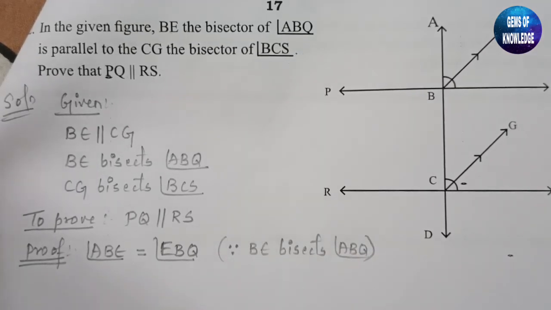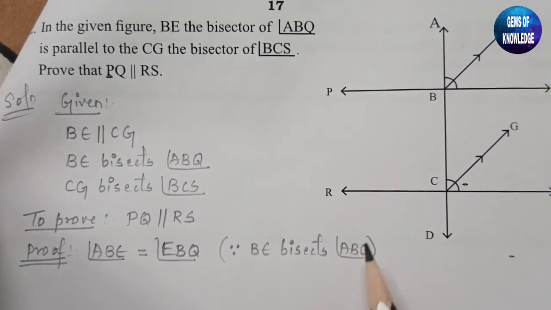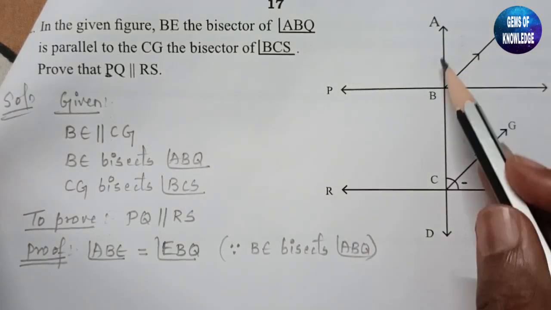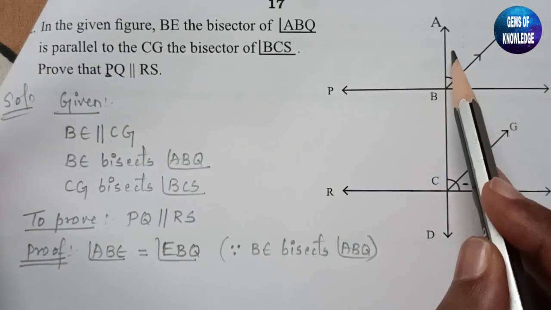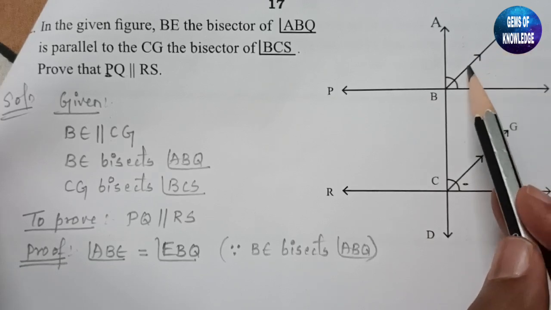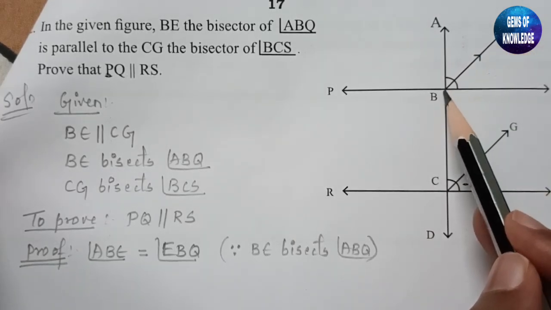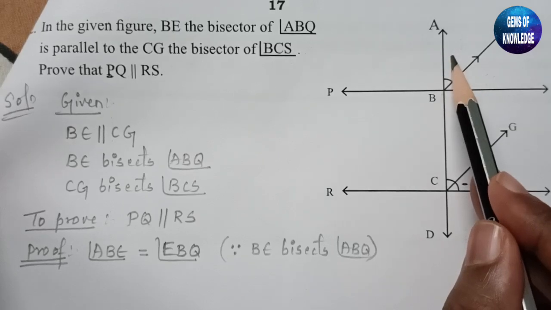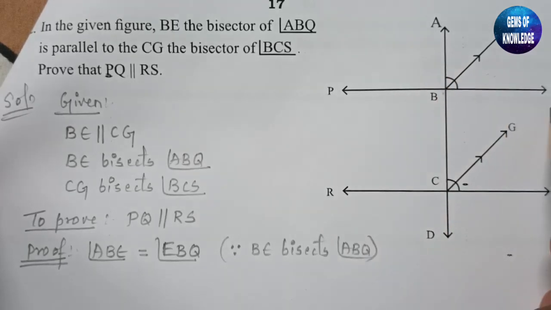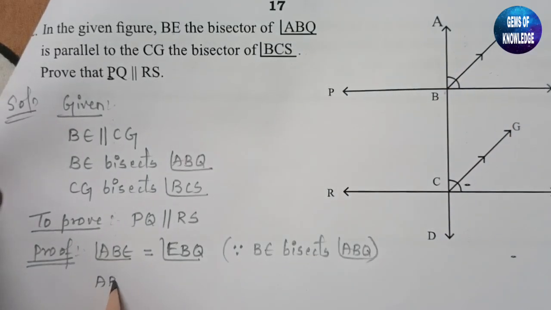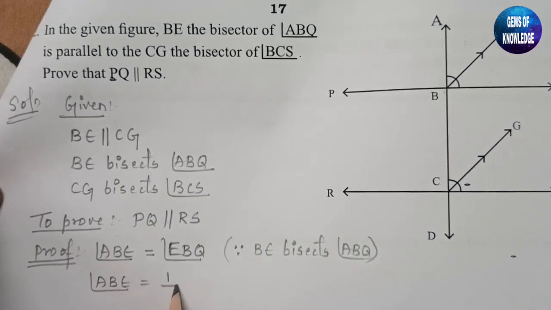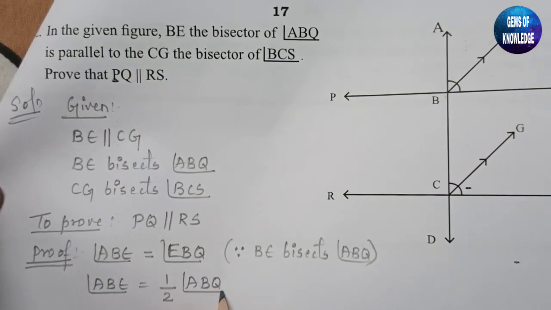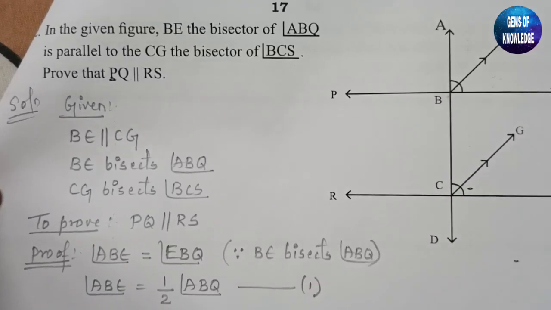Both are equal. If both are equal, then can we say that ABE is half of this complete angle? Because BE is cutting this angle into exactly half. So ABE is nothing but half of this complete angle, that is, ABE is equal to half of ABQ. We will keep this as equation 1.